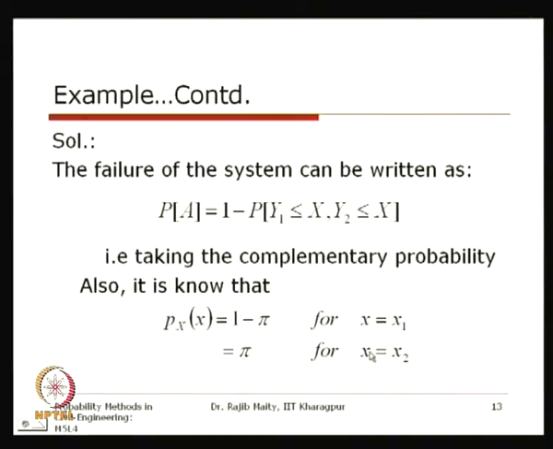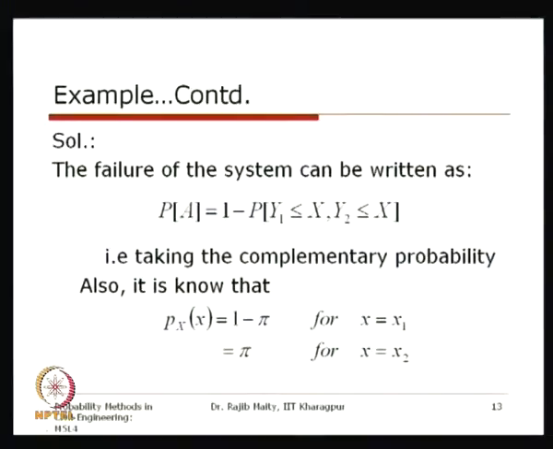So, the probability of supplying the x1 amount, that is when x equals x1, would obviously be 1 minus π, because these two are mutually exclusive events. Either of these two should occur. If the probability of one event is π, the probability of the other should be 1 minus π. This is basically the marginal distribution of x for these two different cases.